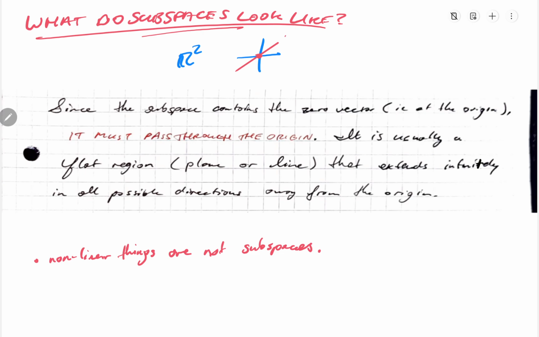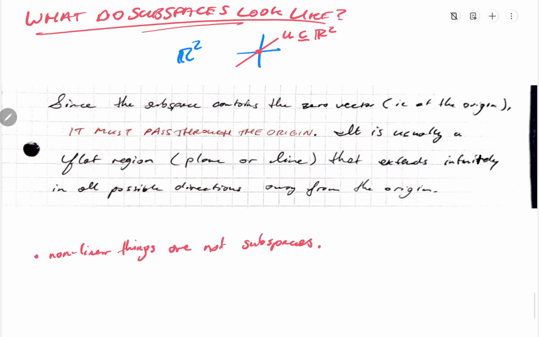Let's say this is subspace U, a subspace of R2. If I have R3, this would be a plane or a line through the origin, because the dimension of a subspace has to be less than or equal to the dimension of the vector space.